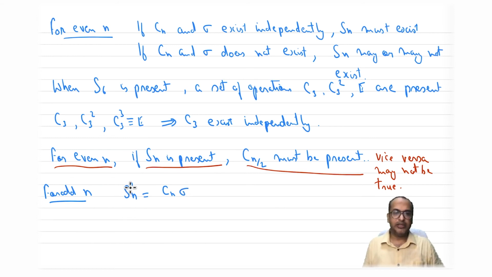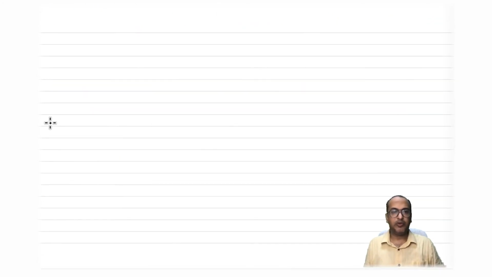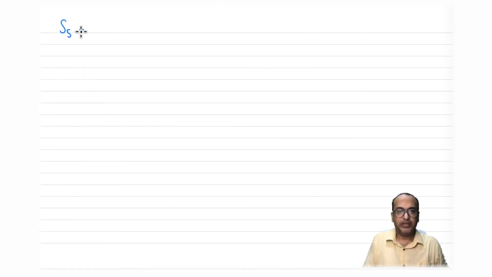Now it's easier actually if we take an example. Let us take n equal to 5. We can also take 3, but let's take 5 just to make it more clear. So let's move to the next page and see. S5 is equal to C5 sigma.